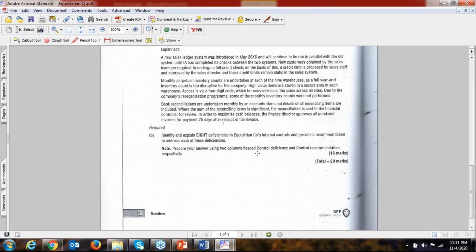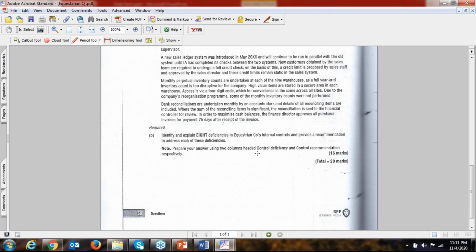And if you get 15 marks in the internal control question, you can imagine you have got 35 marks out of 50. So it will be very easy for you to get the remaining 15 marks from the MCQ section and the remaining one question of 20 marks.